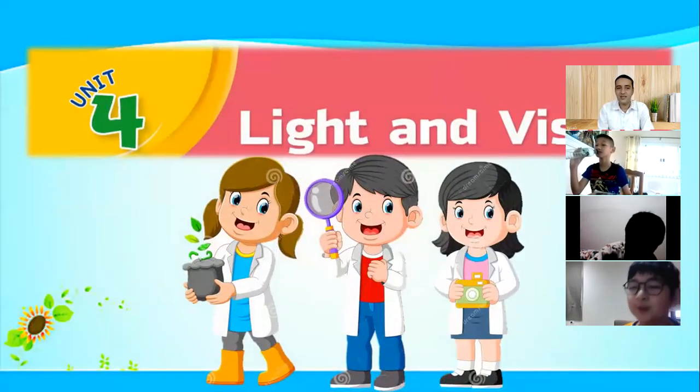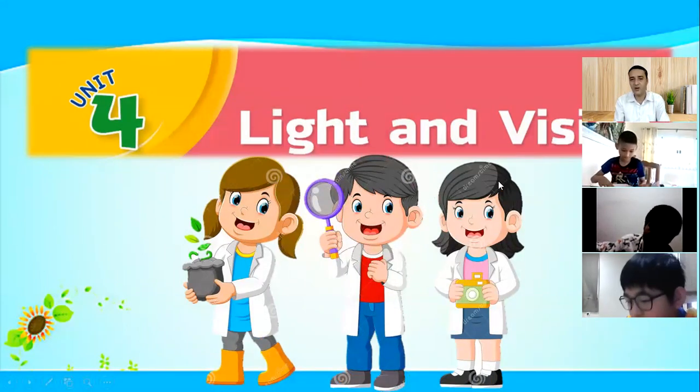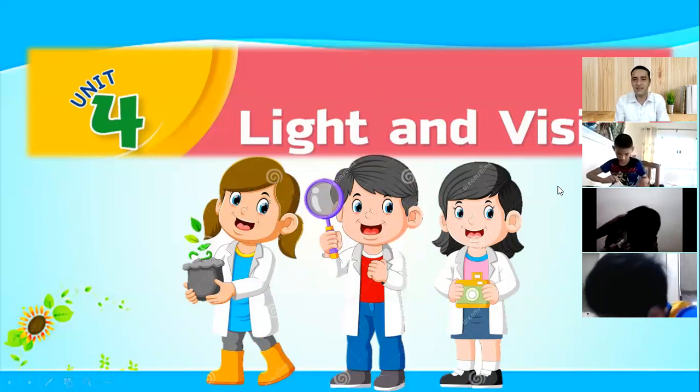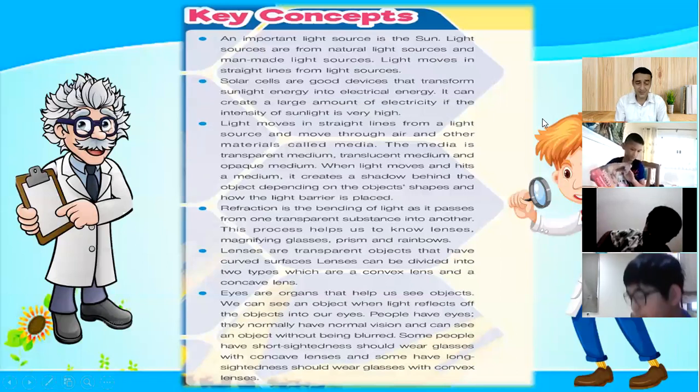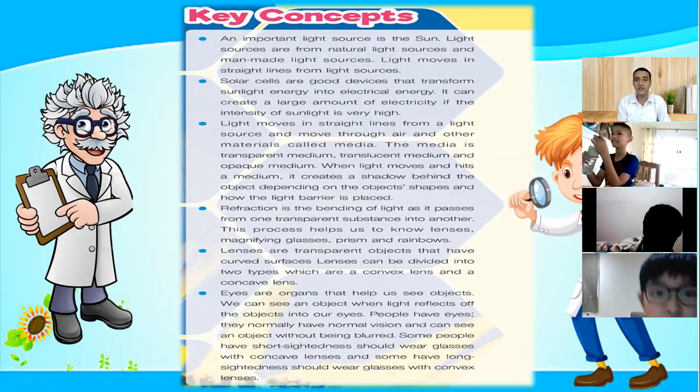Okay, so unit number 4 is about light and vision. Here we are going to learn about light and vision and their characteristics. Before we get into the unit, first of all, we will have a little observation of what we are going to learn here.